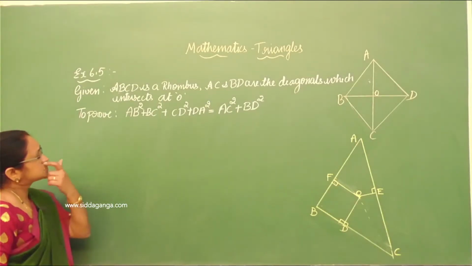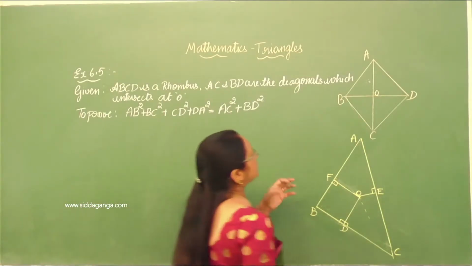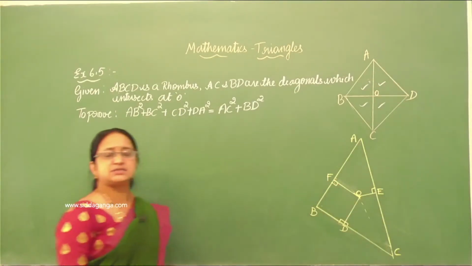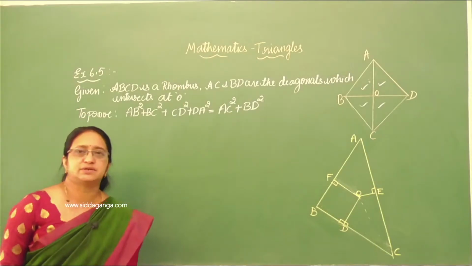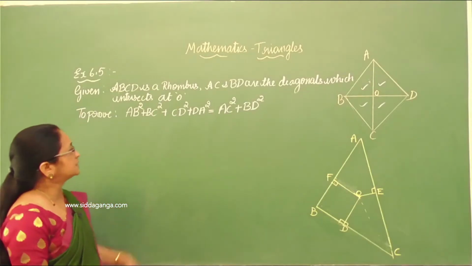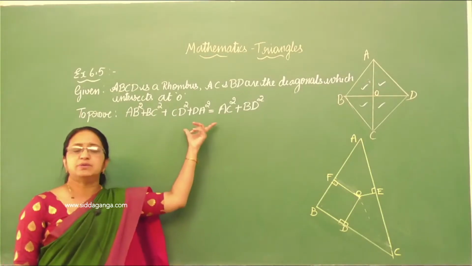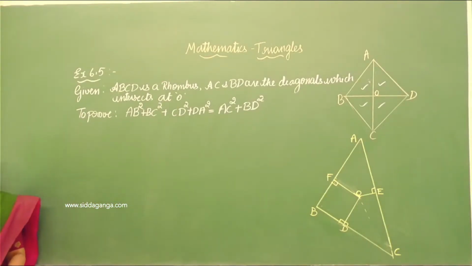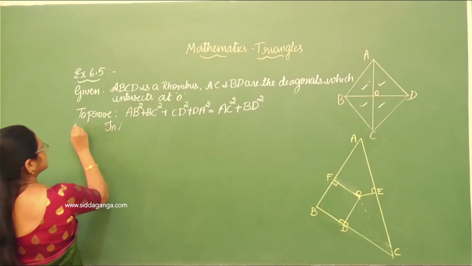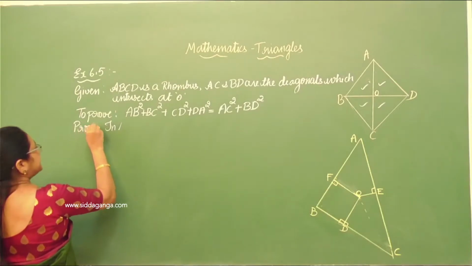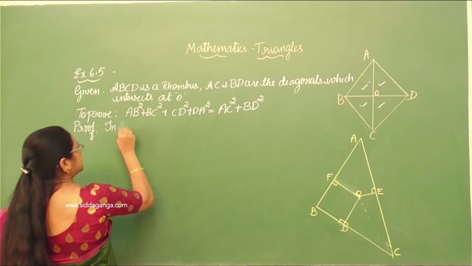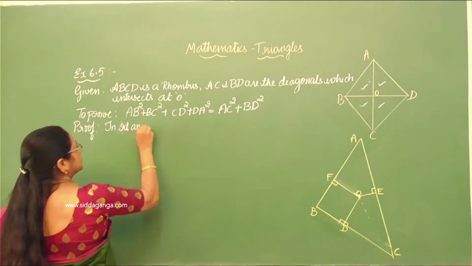Now we'll take these four small triangles and apply the Pythagoras theorem. Then if you rearrange it, definitely you will get the answer. This is the proof, in right angled triangle.